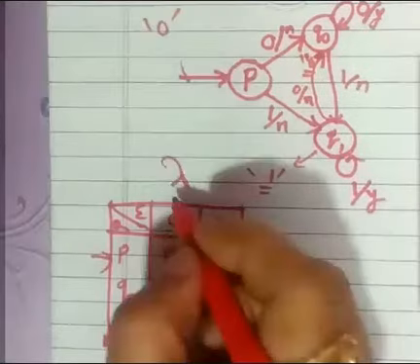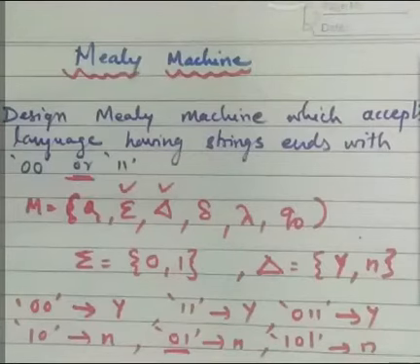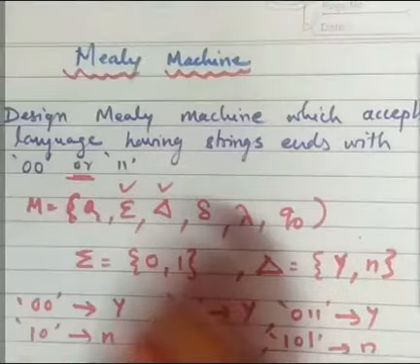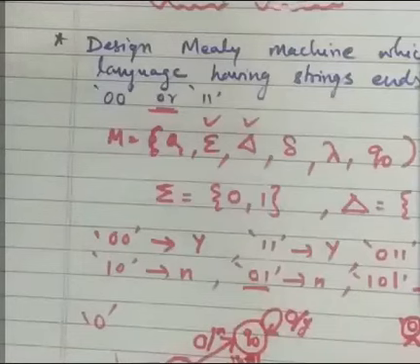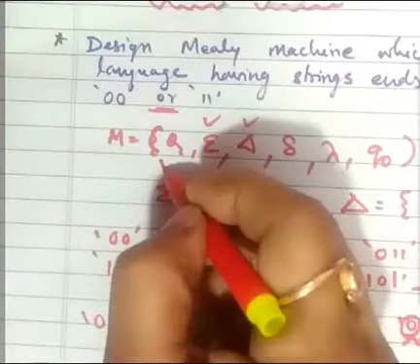Okay. So can I say now I have designed my Mealy machine? What is required for designing a Mealy machine? Have we finalized Q? Yes. How many states are there? 3 states. P, Q0, Q1. So we have defined Q. Have we defined the delta function?